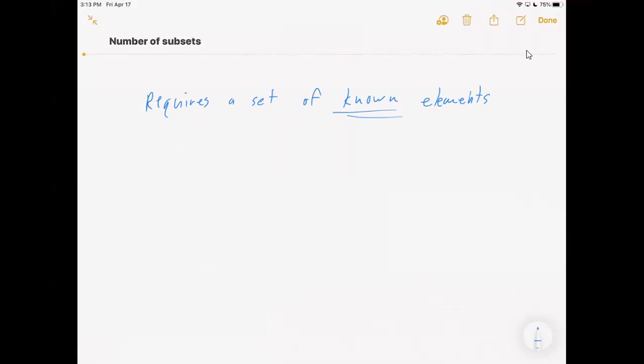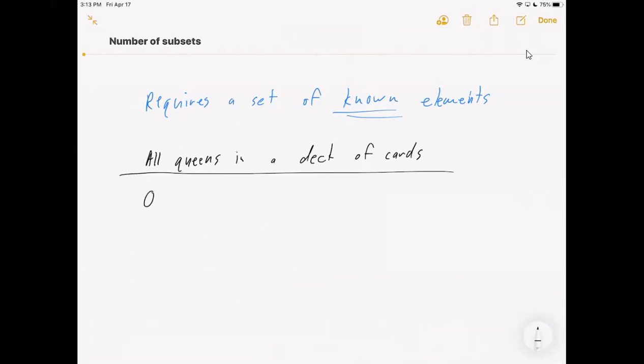We could look at an entire deck of cards, but that would be a little bit complicated to start with. So let us start with a set of all queens in a deck of cards. If I had that, I would have the queen of spades, the queen of clubs, and, switching to red just to look nice, the queen of hearts and the queen of diamonds.